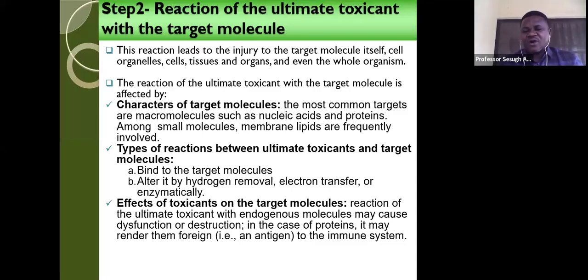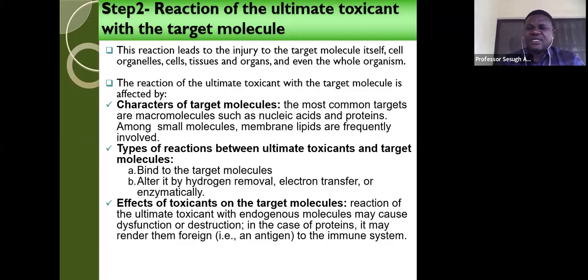So if one organ is affected, you know that the body system is interconnected. It might not just be the kidney. If it targets the kidney, it is possible that when the kidney begins to deteriorate, other organs too may be affected.